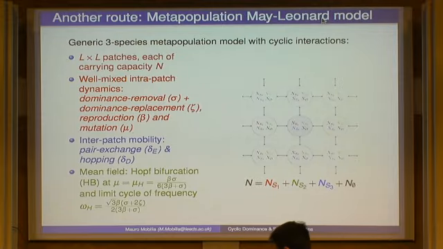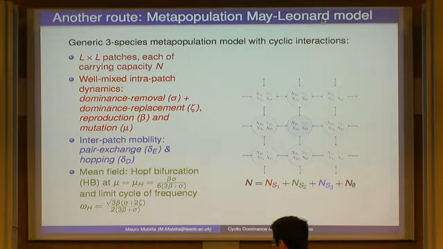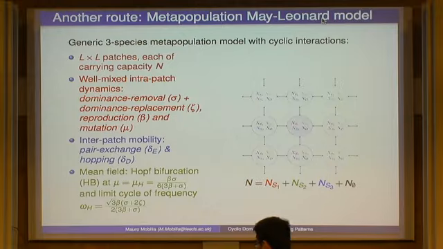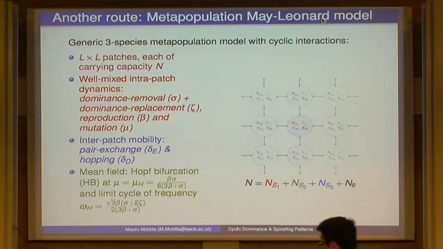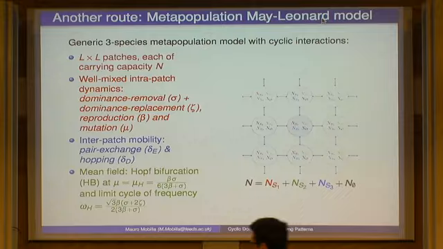And between each neighboring patch there is this mobility, so these individuals can move by either pair exchange or hopping with these two different rates. If we write down the mean field equations, the ODEs, we find that the system is characterized by a Hopf bifurcation and a limit cycle.